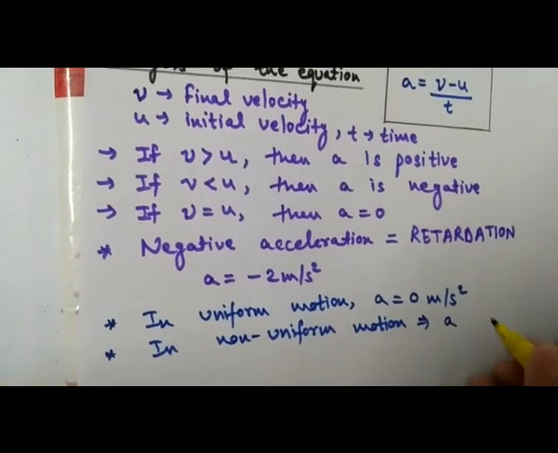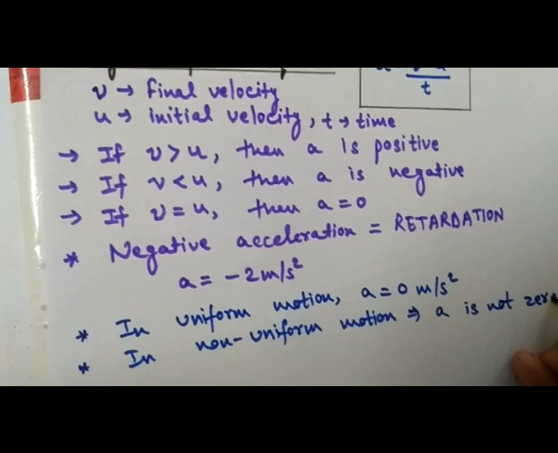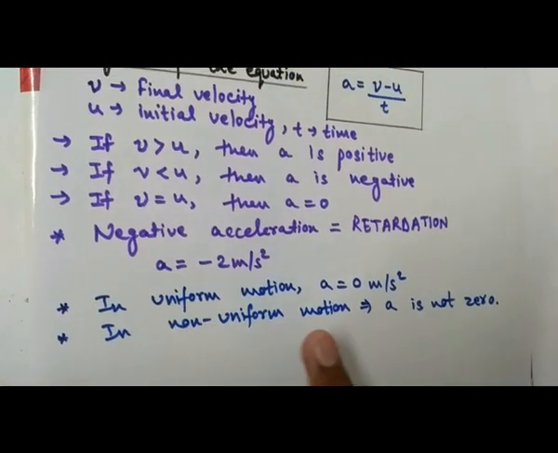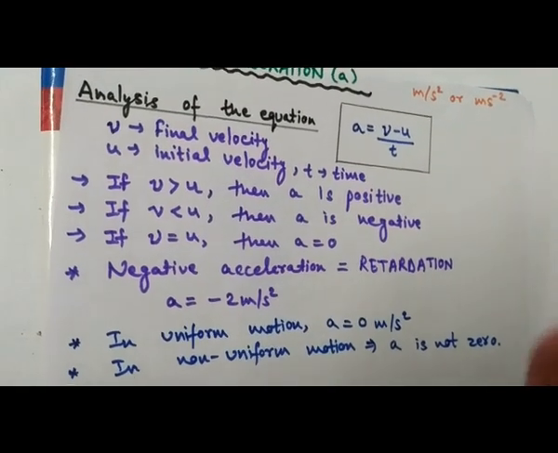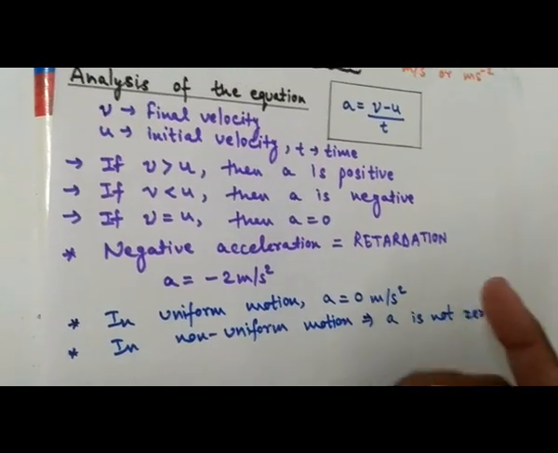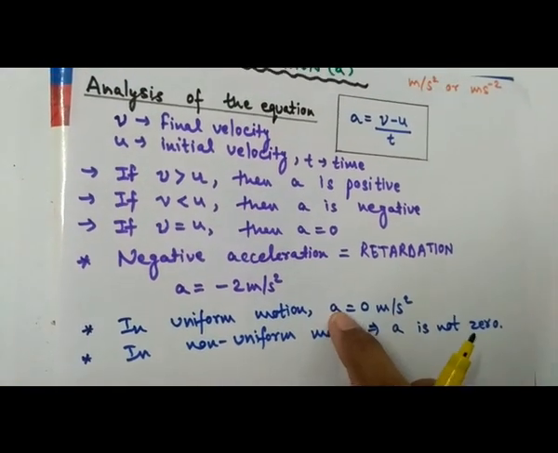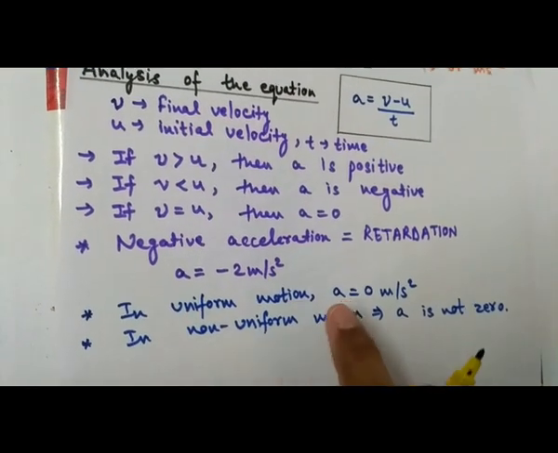So acceleration is not 0. There will be a certain value of acceleration in non-uniform motion, but in uniform motion, since velocity remains fixed, acceleration is 0 meter per second square.